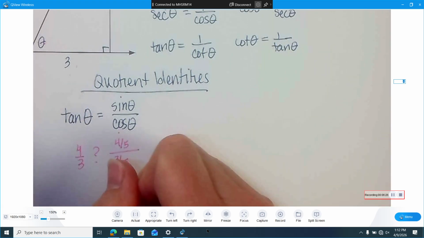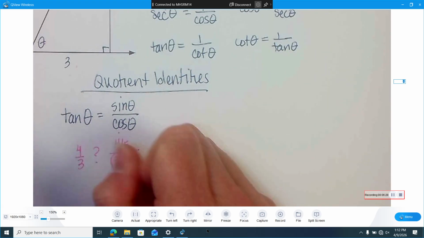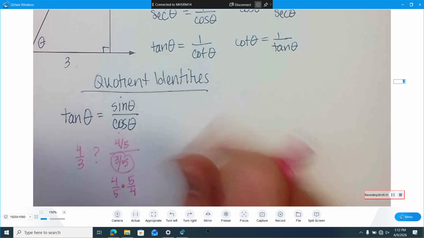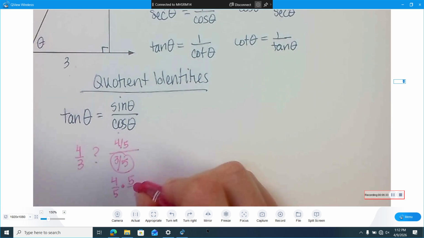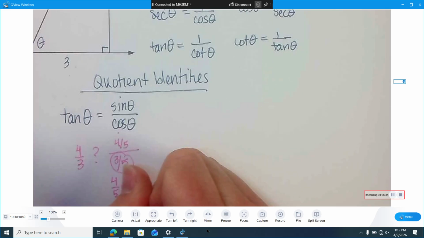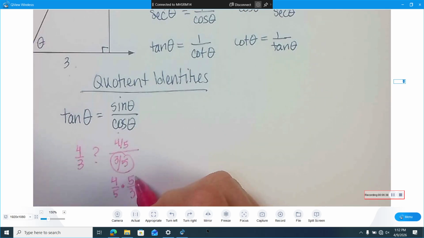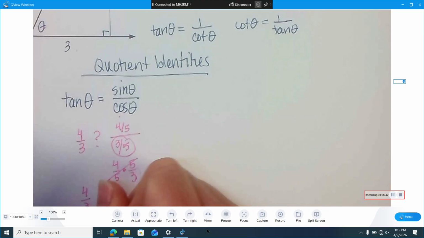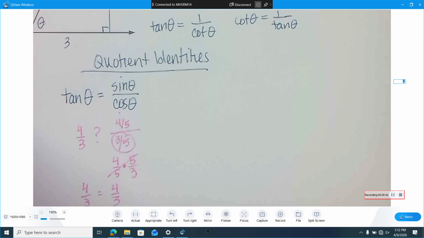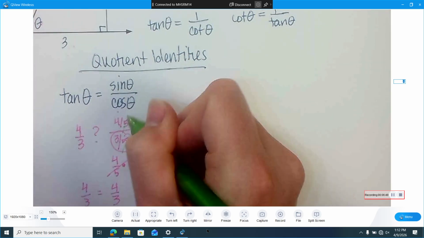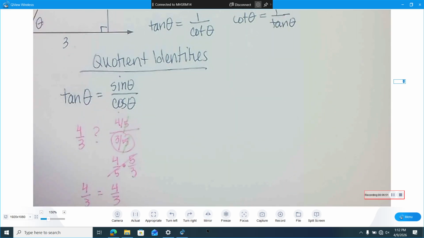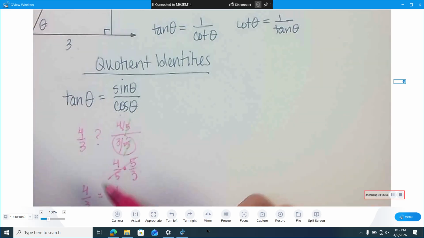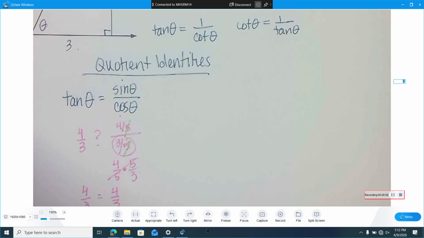We could multiply 4/5 times 5/3, multiply by the reciprocal. And those 5s would end up canceling out. And we absolutely do get 4 over 3. So they do, in fact, work out. The shortcut there is to say, hey, the denominators of 5 just reduce. Okay? So it turns out that we have this really nice tangent quotient identity: sine over cosine.